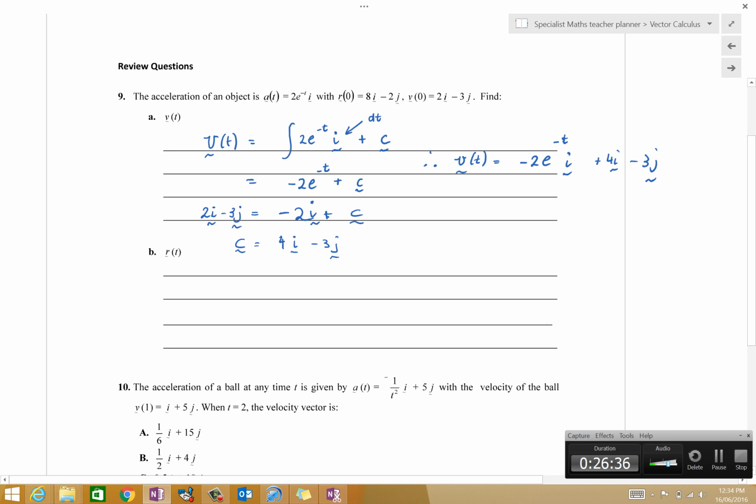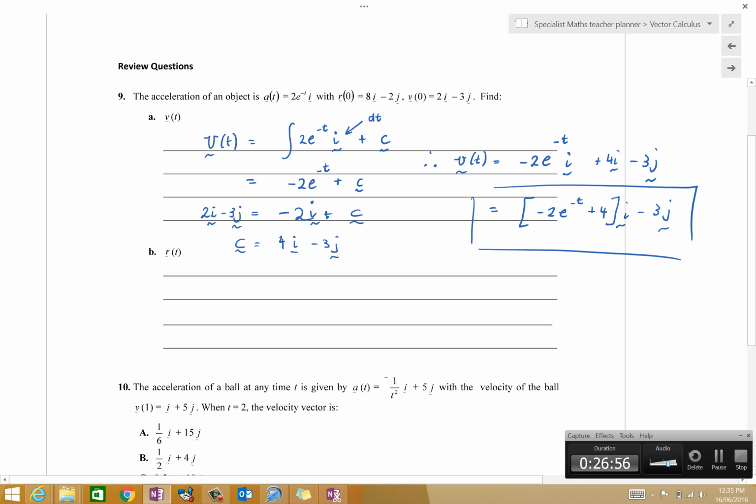Now, you wouldn't write it like that though. What you would do is combine the i components together. So what I would say is this: minus 2e to the minus t plus 4i minus 3j. And that is my expression for the velocity.